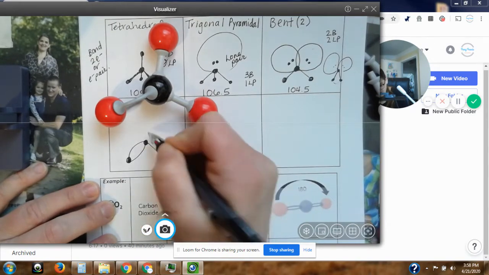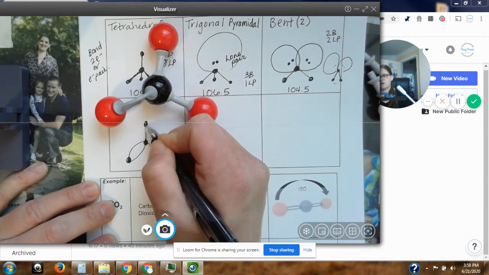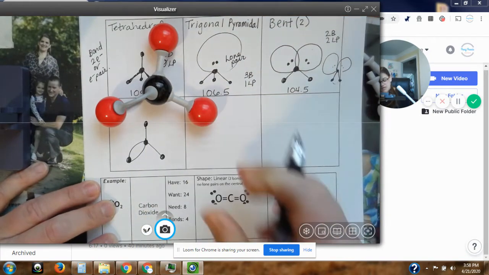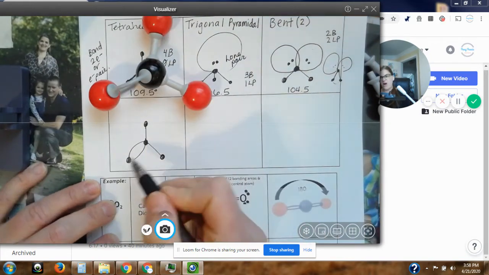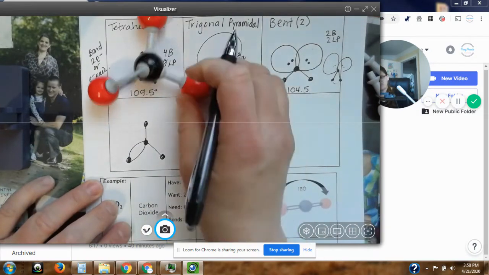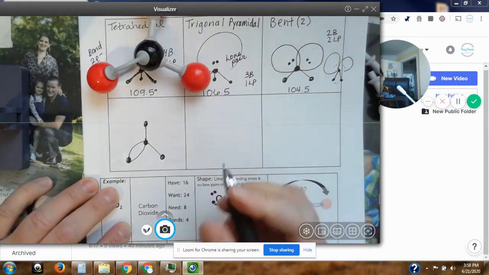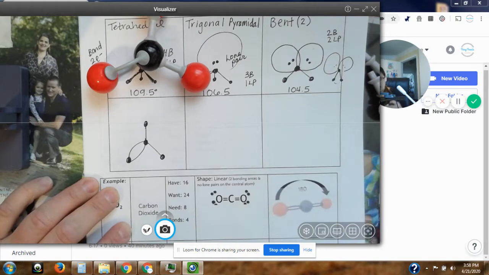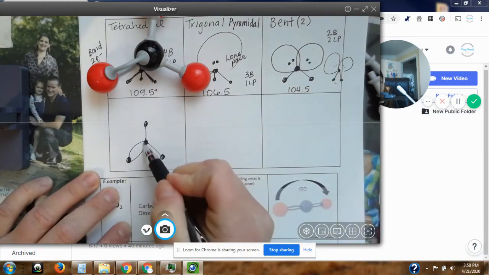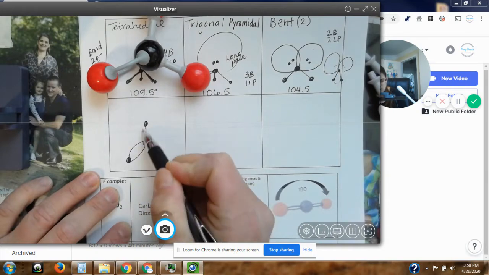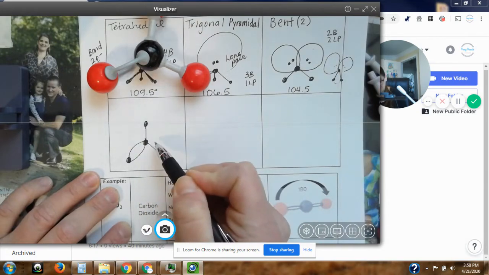Here's one, and here is one right here. Okay. So in this one, you're going to notice there is always a double bond. You won't have this molecular geometry without a double bond. So this central atom has 1, 2, 3 atoms attached.